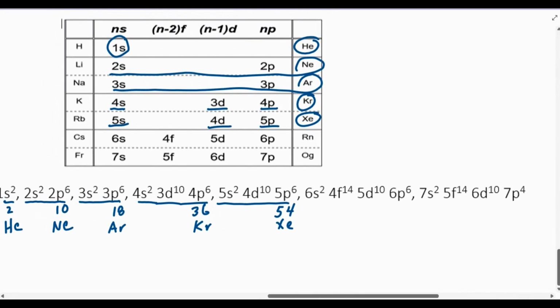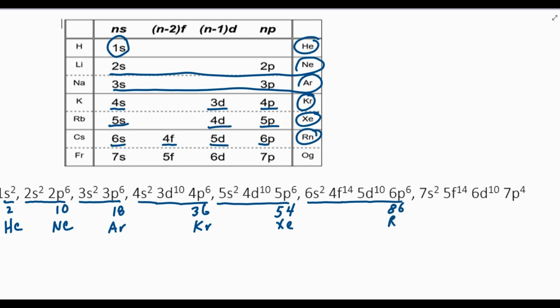Now we're into the sixth shell, 6s2, 4f14, 5d10, 6p6. That's 32 electrons. 32 and 54 makes 86, and that's radon.